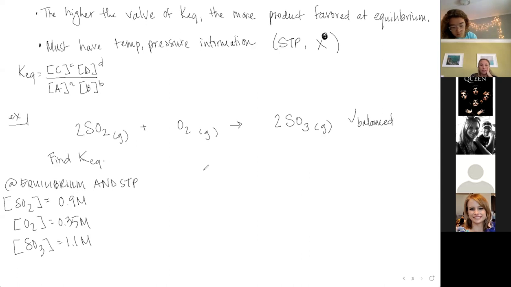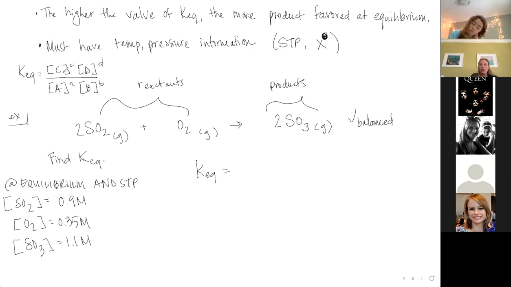So this is really easy, right? KEQ is a representation of our equilibrium quotient, so the quotient of our products to our reactants. Using our KEQ equation, we have our products raised to their molar powers, their concentration raised to their molar powers, and then over the reactants, the same thing.